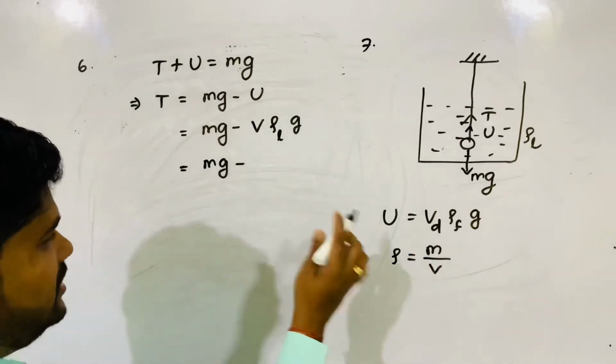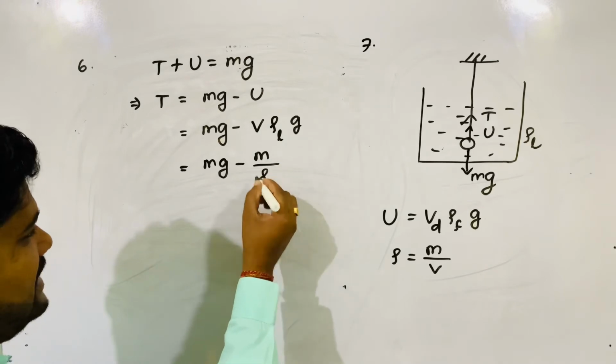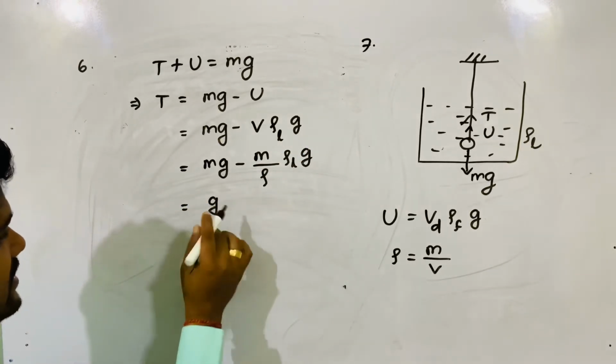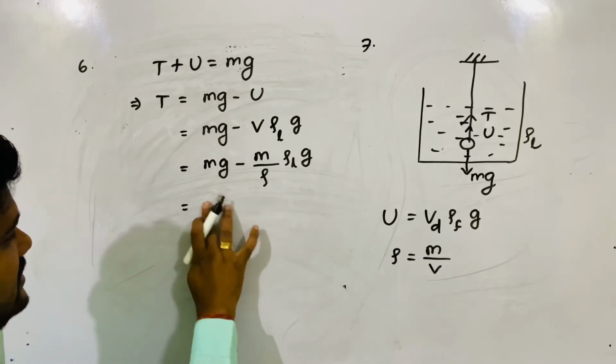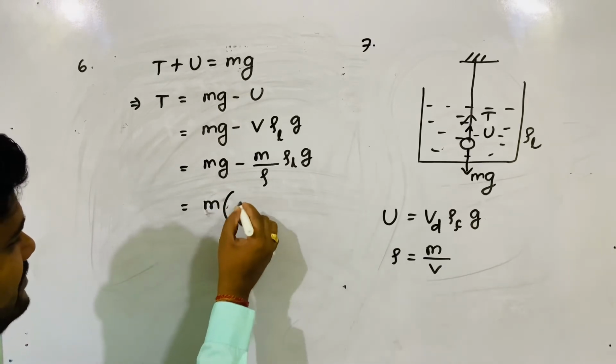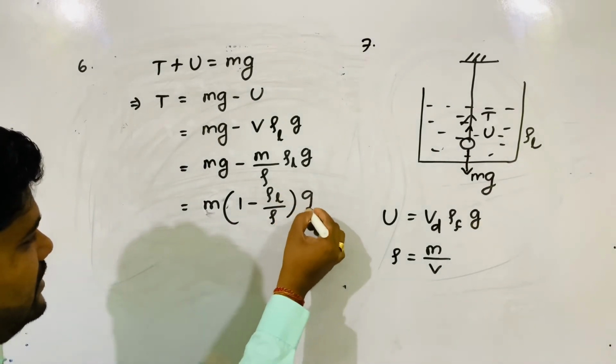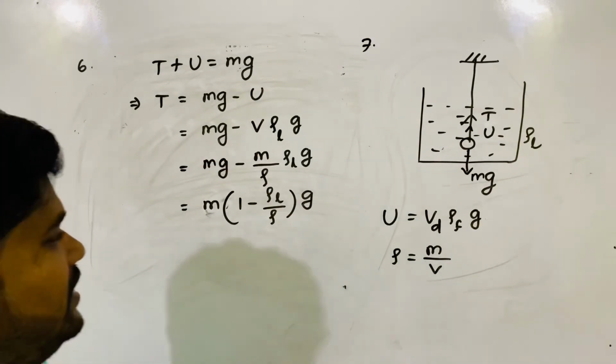So in place of volume, I can write mass by density. Then ρL g. Now take m common: m times (1 minus ρL/ρ) whole into g.